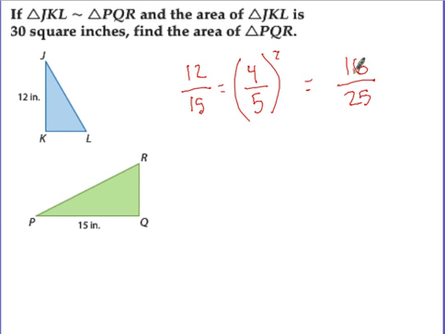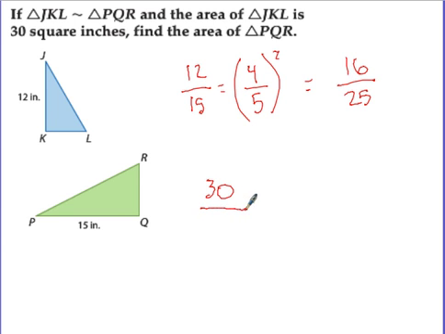And now I can use that squared scale factor in order to find the ratio of the areas of the similar figures. So if I know that this one, JKL, is 30 square inches, does 30 need to go on top or on bottom? It needs to go on top because I've got the side length from that triangle on top of my scale factor.